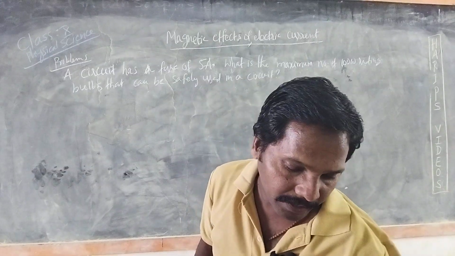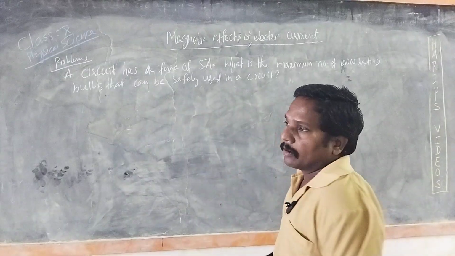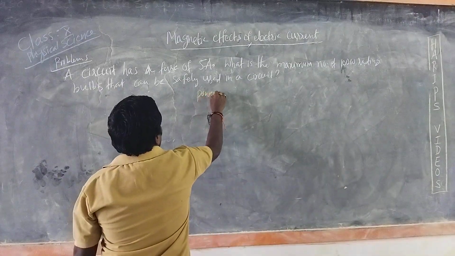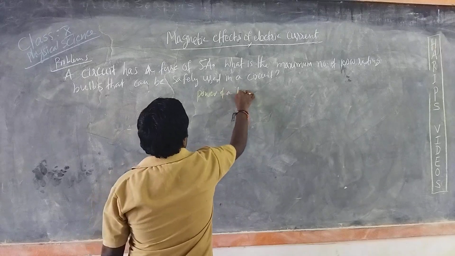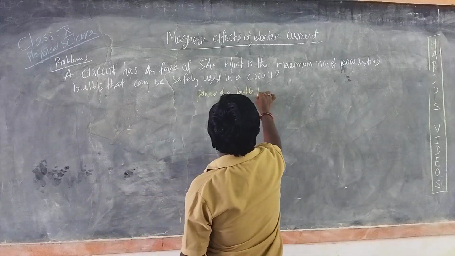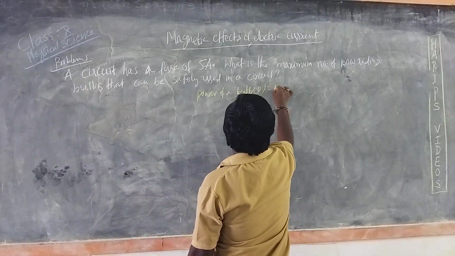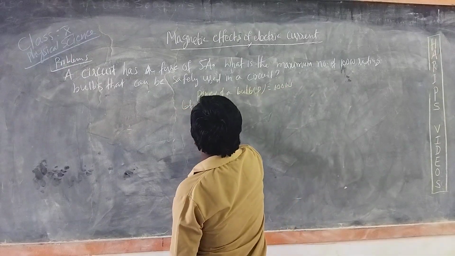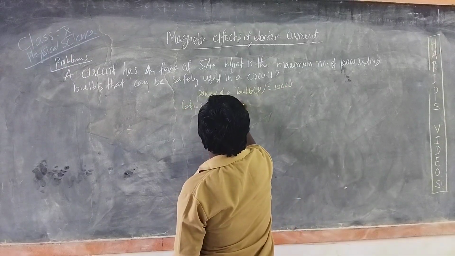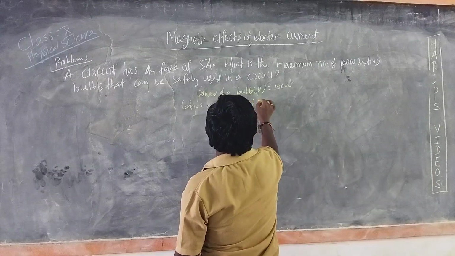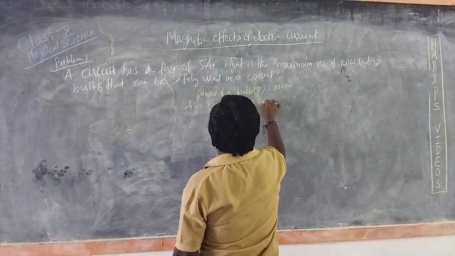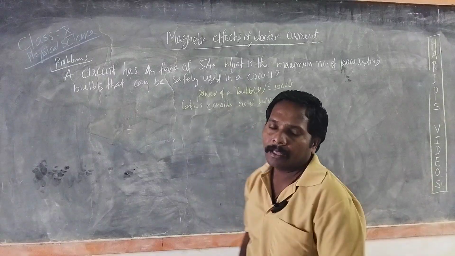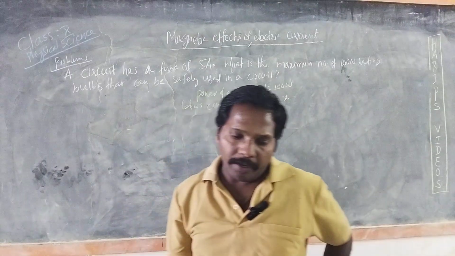So first, the power of a bulb is equal to 100 watt. Let us consider the number of bulbs to be x.